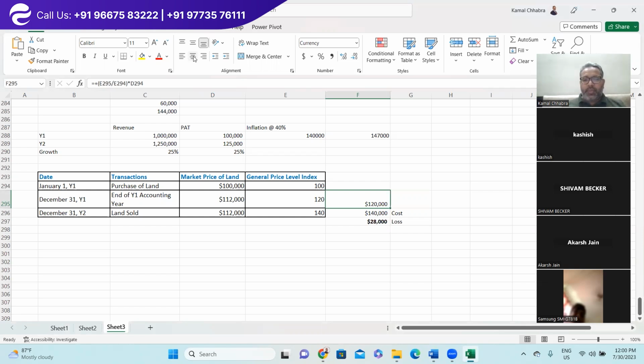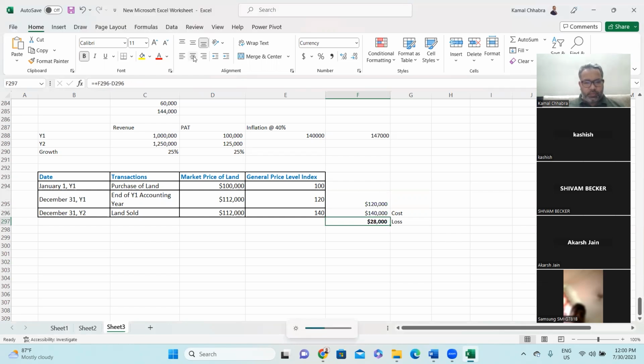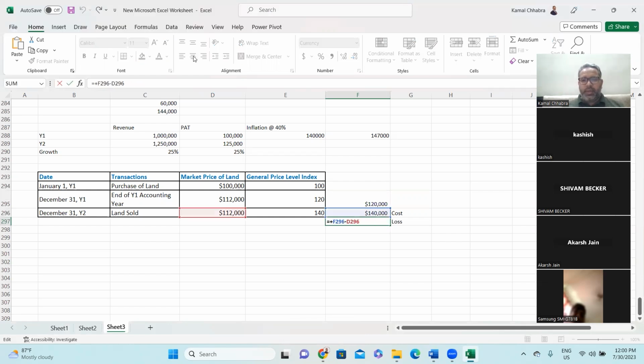So 140 minus 112, just $28,000 loss. Make sense, Ashish? सर 8,000 का तो समझ आ गया, 140 minus 112,000. So you have a cost of $140,000 and you are selling at $112,000. So there is a loss of $28,000.